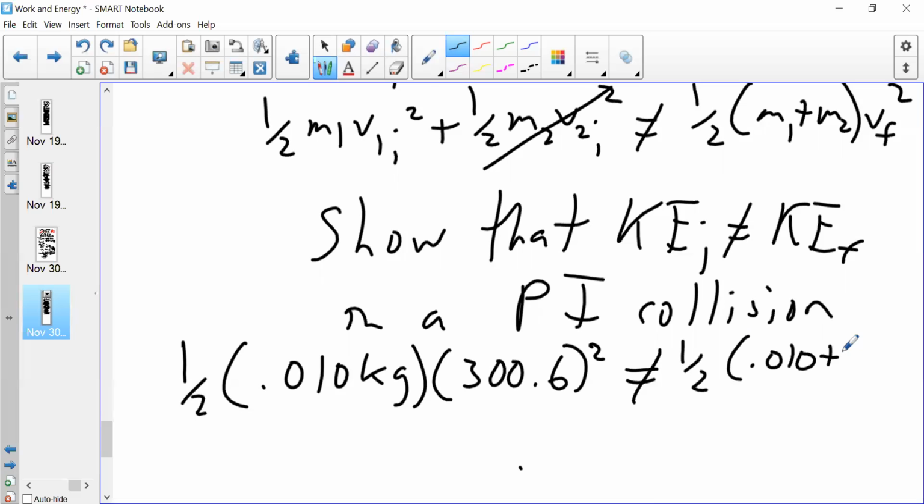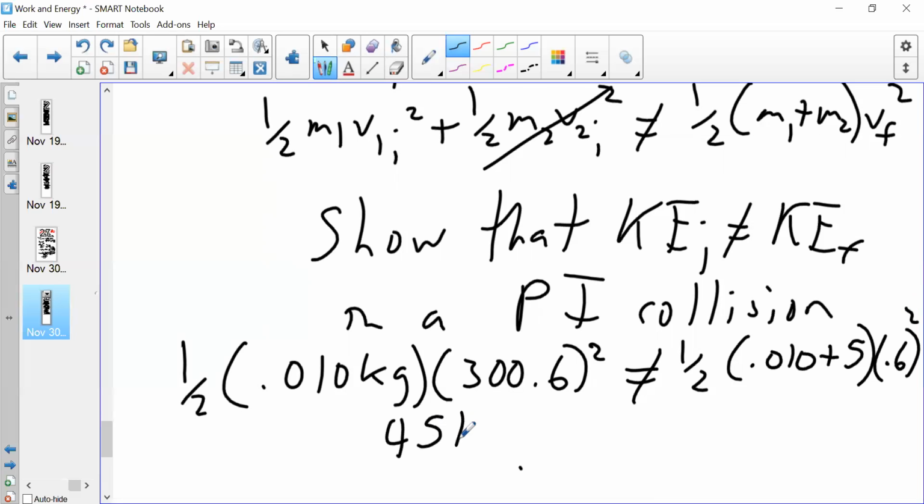And the block of wood was 5 kilograms, and the speed after 0.6. So this is 451 joules.